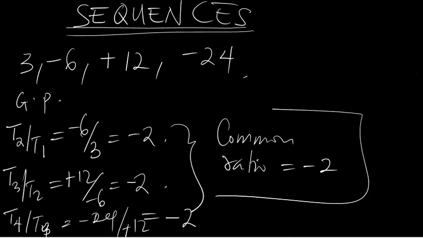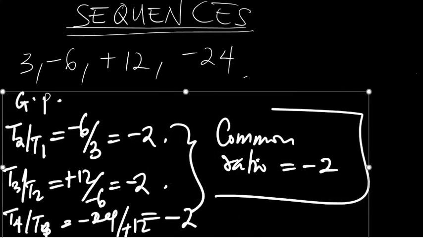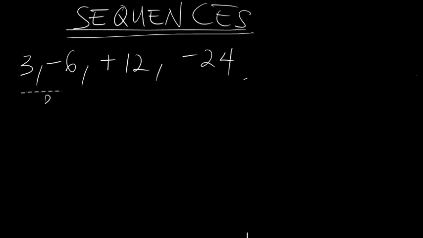So on this ground, we have been able to unravel the pattern of this list of numbers, and the pattern here is multiplying this first term by minus 2. Then the next one also, you multiply minus 6 by minus 2.